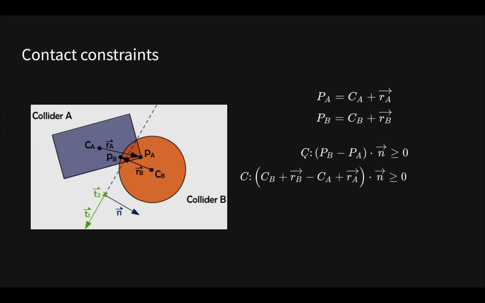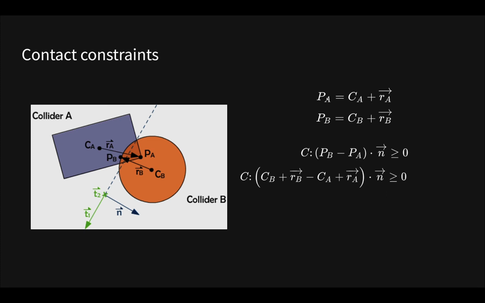And our constraint says, if we take the vector from PB to PA, we want this vector to point along the normal. Essentially, we want these points to be pushed apart so that this vector will point along n, which is why we use the dot product. If this dot product is greater than or equal to 0, then we have successfully separated the two contact points.